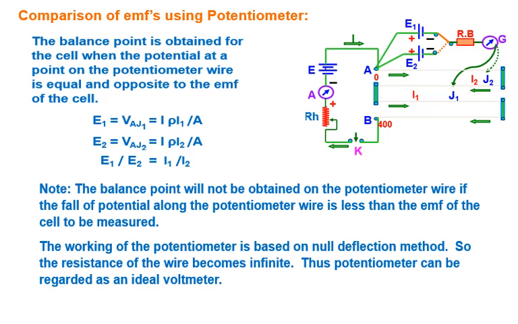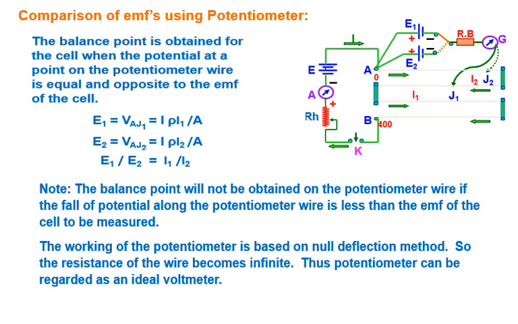A constant current is maintained in the potentiometer wire AB by means of a battery of EMF E through a key K and rheostat. Let E1 and E2 be the EMFs of two primary cells which are to be compared.